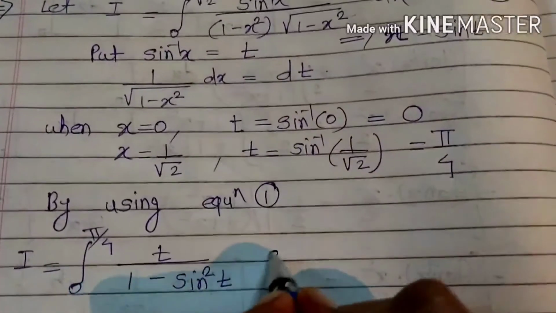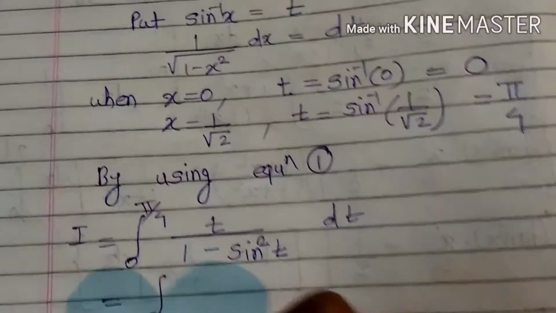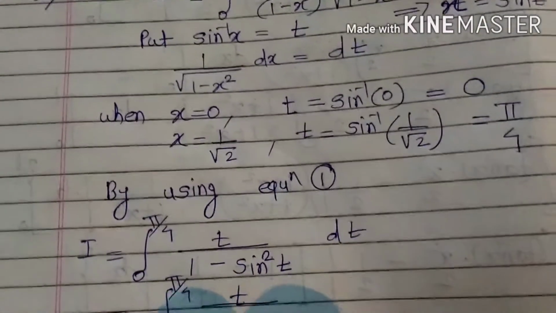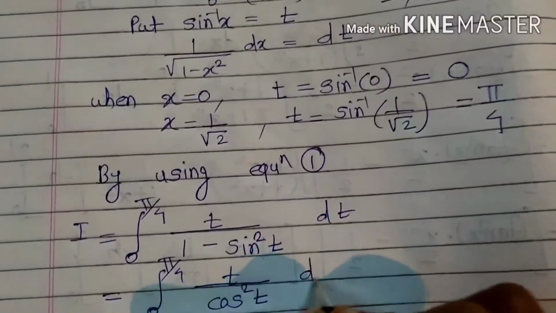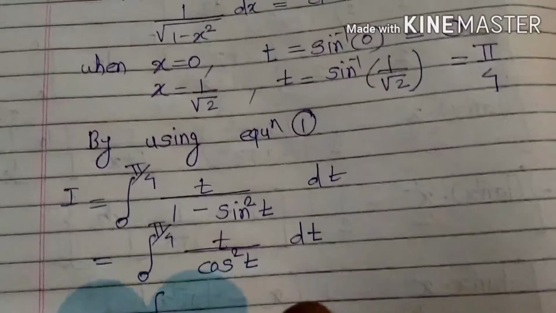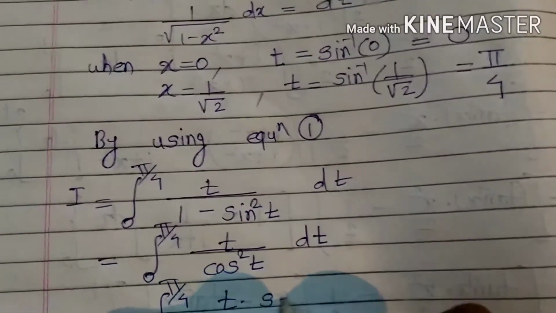So here write dt. But 1 minus sin square t is cos square t. Okay. But 1 upon cos square t is sec square t. So instead of this you can write here t into sec square t.